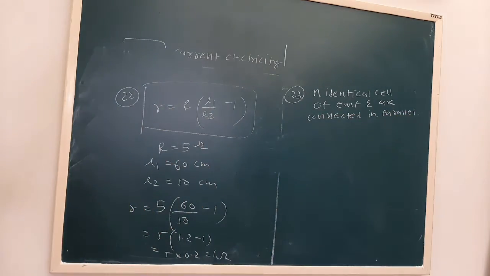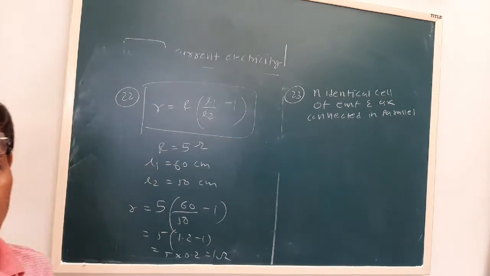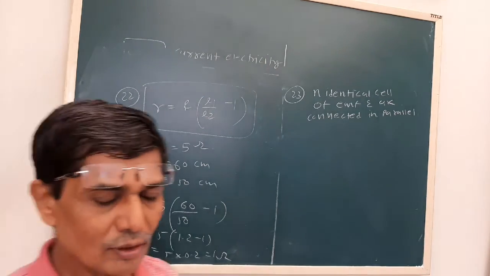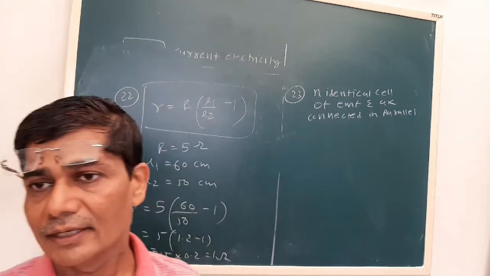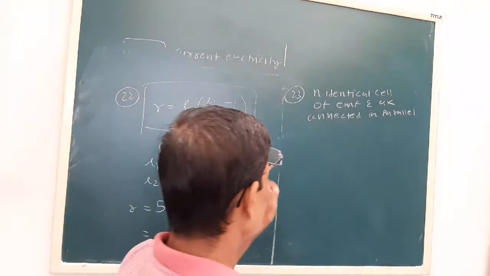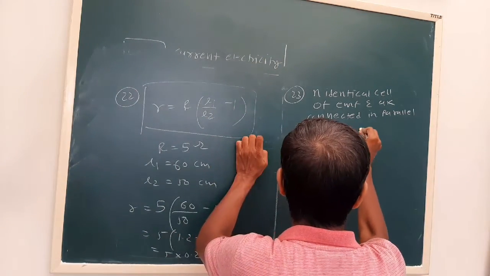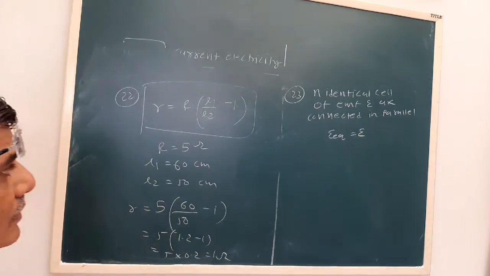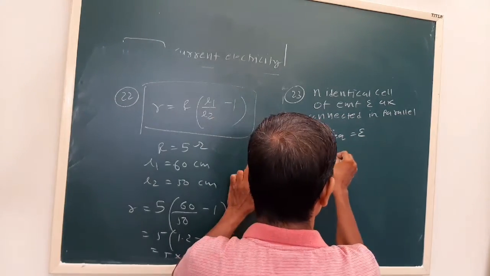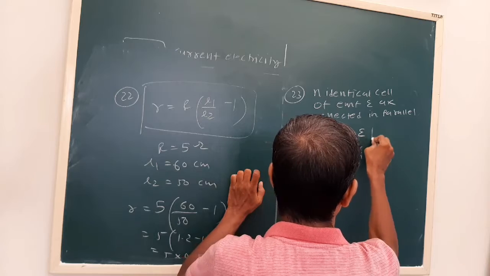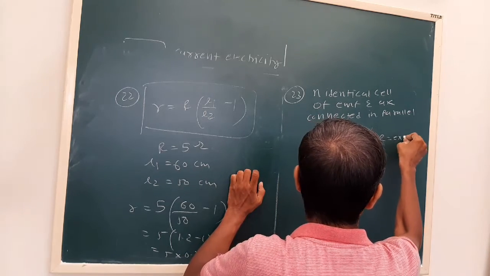This is nothing but parallel connection of the cells. Remember, when n number of cells are connected in parallel, each value being the same, then E equivalent will be E only, and R equivalent will be r by n. And R is the external resistance.